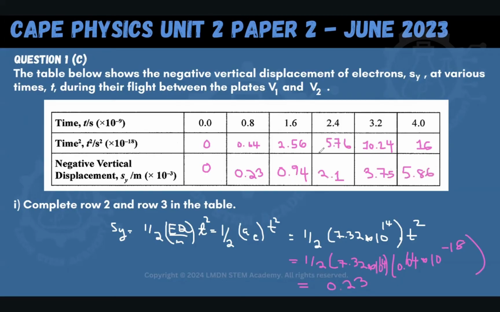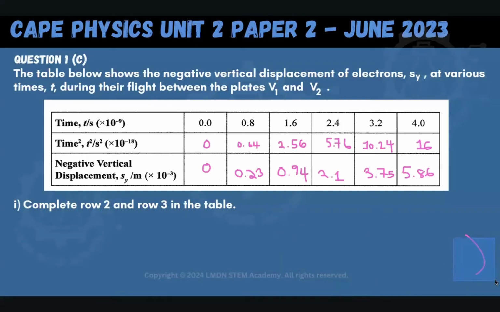Remember, these are all times 10 to the minus 3, so make sure that you're aware of that. All right, so we've completed row 2 and row 3. Let us just clear the bottom piece and keep the table for future reference. So let's just clear all of this.